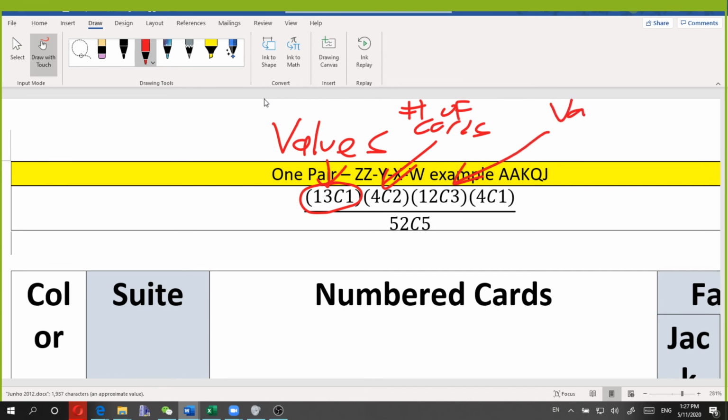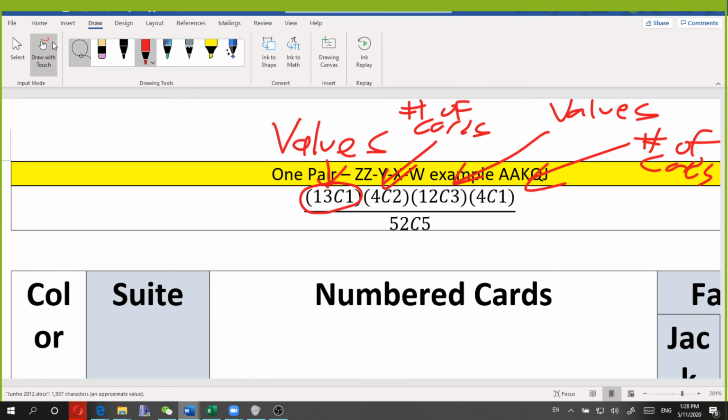Okay, then we looked at values again, and we looked at how many cards we were pulling for those values. Okay, the reason why the 12 is C3 instead of just 12C1, 4C1, 11C1, 4C1, and 10C1, 4C1 is because it doesn't matter what order you pick these cards in. Since I'm taking 1 card out of 4 for all of the king, queen, and jack, it doesn't matter if you take kings first or second or third.